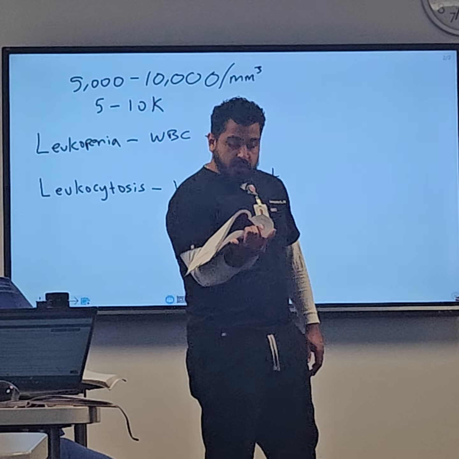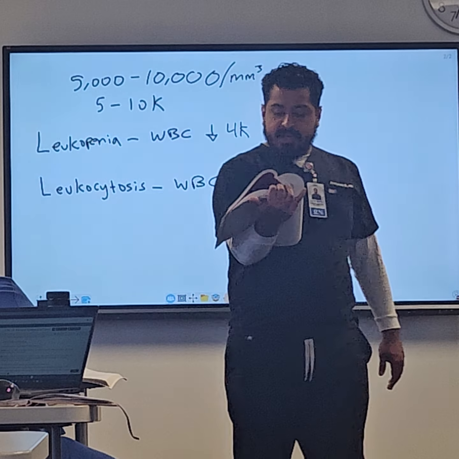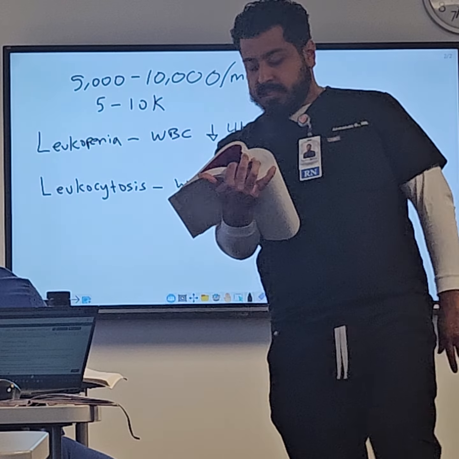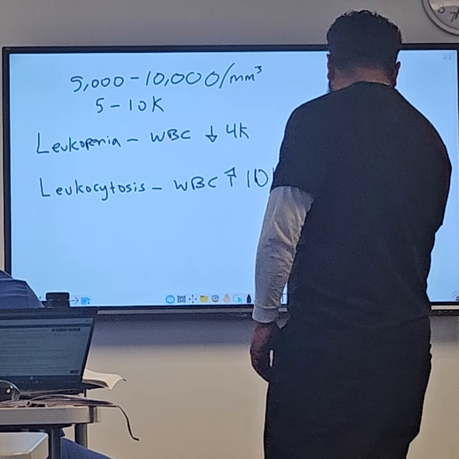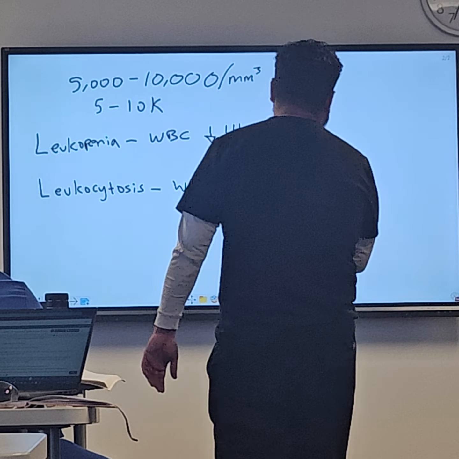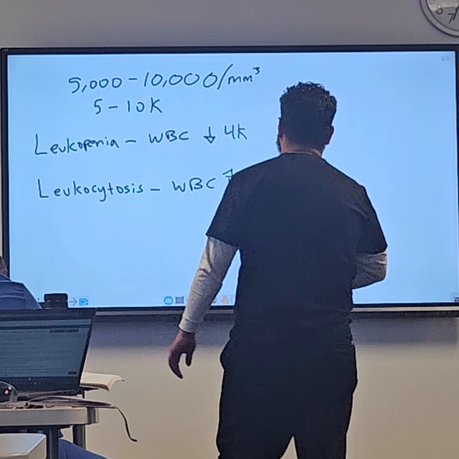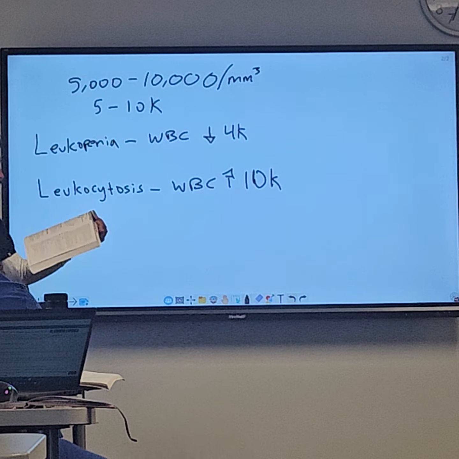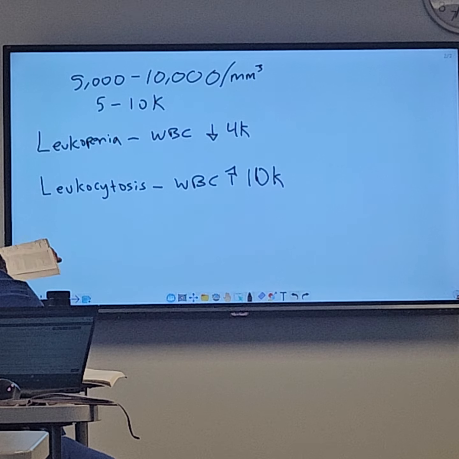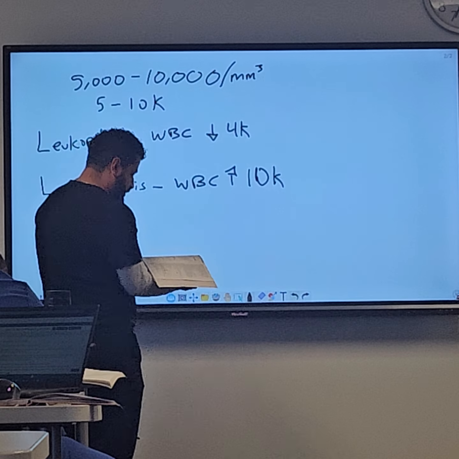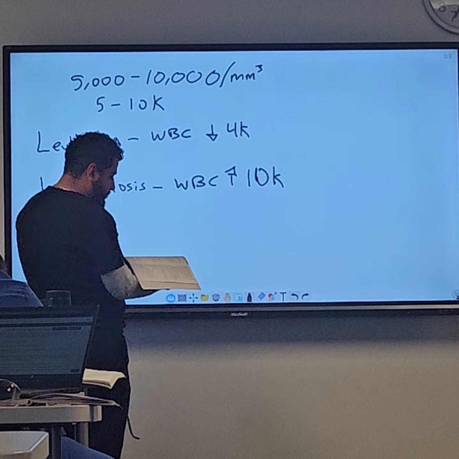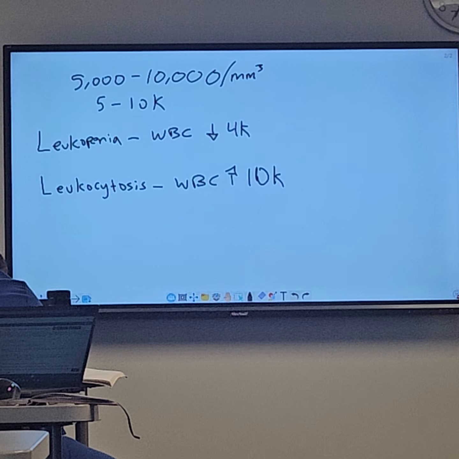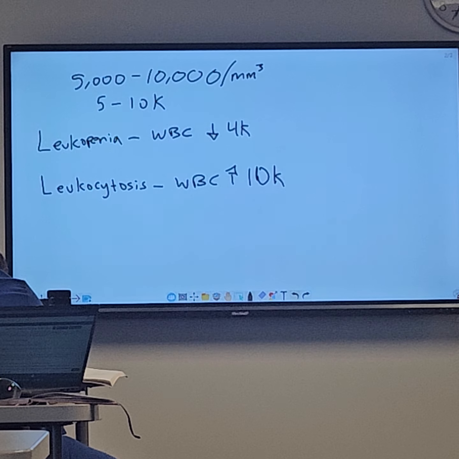So, with leukopenia, it can indicate a few things: drug toxicity, autoimmune disease, bone marrow failure, and some overwhelming infections when your immune system is so depleted. However, leukocytosis can indicate inflammation, infection, some malignancies, trauma, dehydration, stress, steroids, thyroid storm.